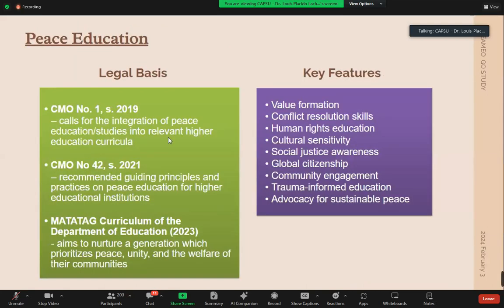In the Philippines, we also advocate for peace education. So there are at least 3 legal bases for peace education in the Philippines. The first being the Commission on Higher Education Memorandum Number 1, Series of 2019, which calls for the integration of peace education or studies into relevant higher education curricula.